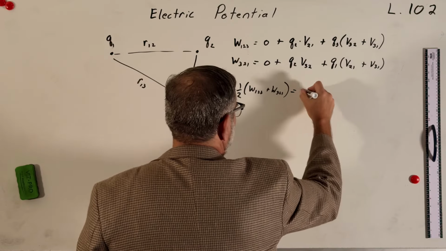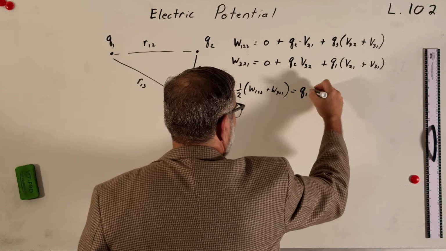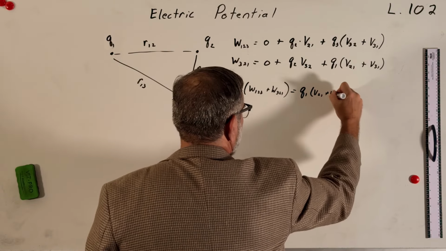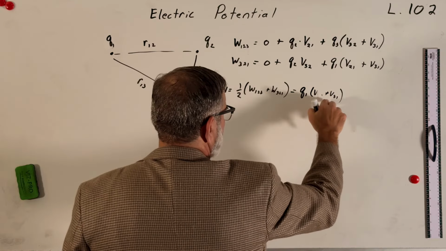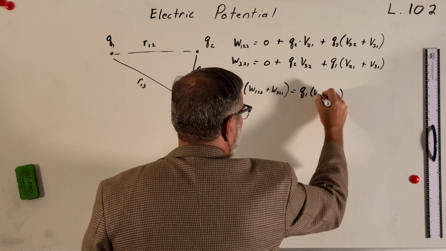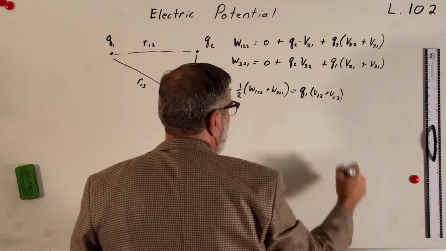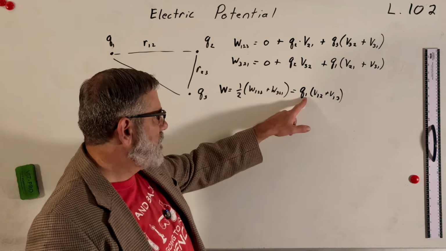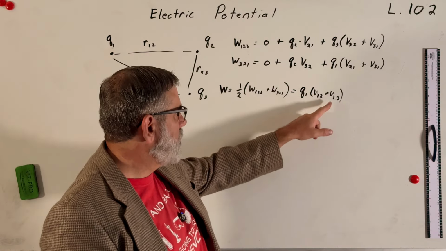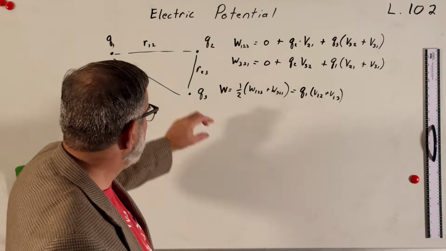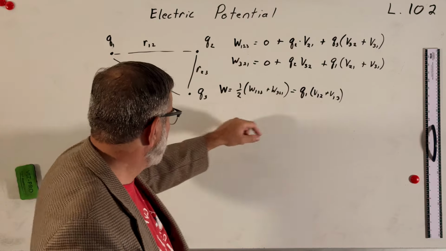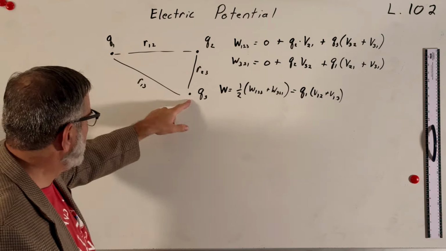I'll start with this. I'll have Q1 times V21 plus V31. And actually, I may just change the ordering of this. I'm going to write this as V12 and V13. Okay? That way, the charge number here corresponds to the first subscript on the potential that I've written. V12 is the potential difference between this point and this point.